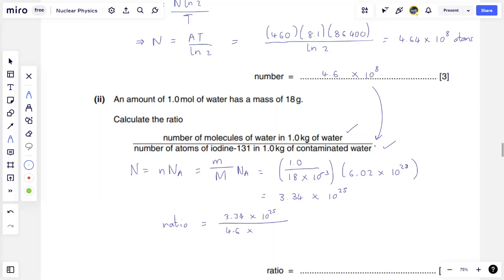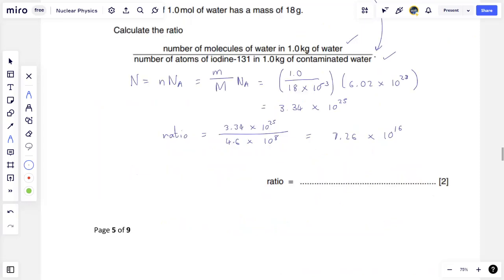Just leave it as 4.6 times 10 to the power 8, which gives us a ratio of 7.26 times 10 to the power 16, or to two significant figures as is required, 7.3 times 10 to the power 16. Again, that also depends on the number of significant figures that you carried throughout the problem.